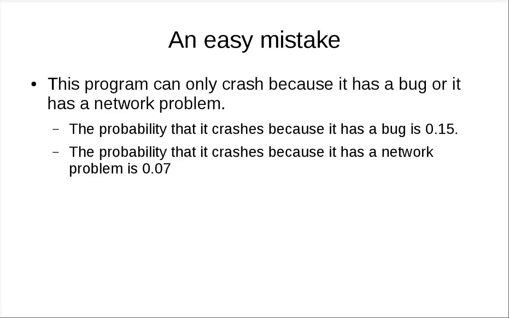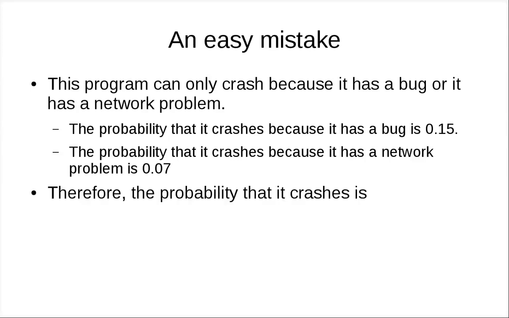But an easy mistake that people usually make is related to a union of events. Like you know that you have a program that only crashes because it has a bug or it has a network problem, and you figure out that the probability that it crashed because it has a bug is 0.15, and the probability that it crashes because it has a network problem is 0.007. And so the probability that it crashes is this.